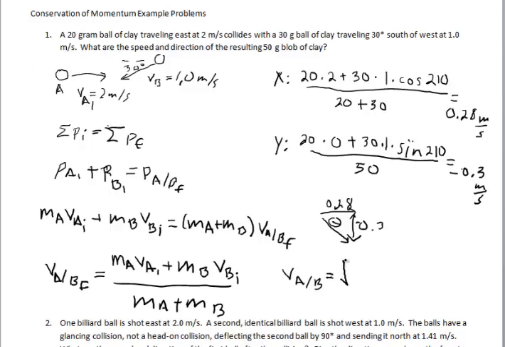Pythagorean theorem. We've got a right triangle there. So it's going to be 0.28 squared plus 0.3 squared. This is negative, but the negative will drop because it's squared. And we get 0.41.